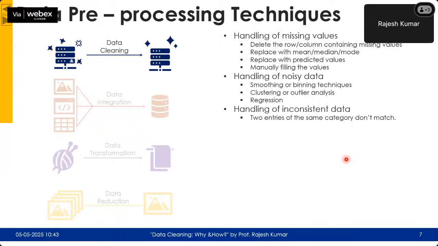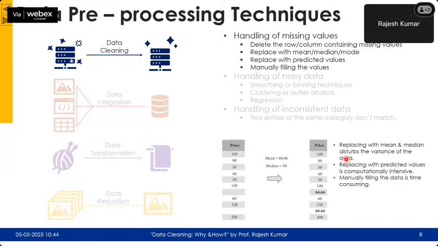So then people say, okay, what we can do is replace the missing value by the mean, median, or mode. But if you replace it by mean, median, or mode, what will happen?